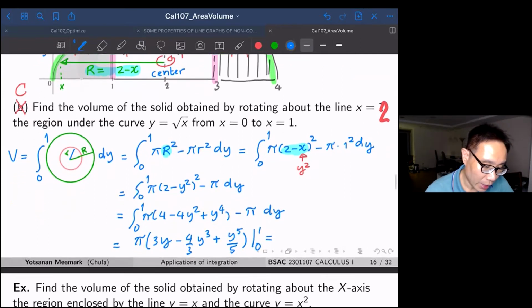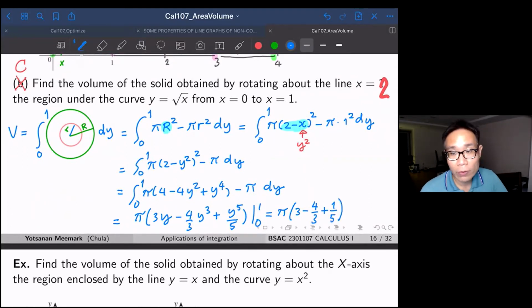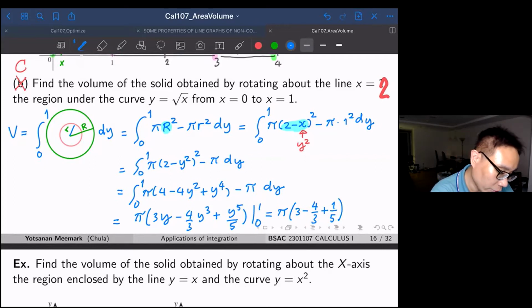And then you just obtain pi times (3 minus 4/3 plus 1/5), and this will give you the final answer. You may leave your answer like this, or use your calculator a little bit. Okay, so this one will be a washer.